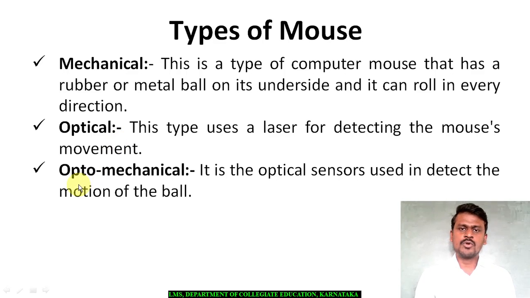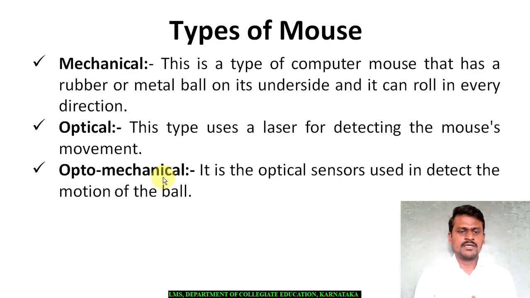Next is the optomechanical mouse. This is a combination of mechanical and optical. In this one, it will have the rubber ball underneath the mouse, as well as the laser for movement of the ball.